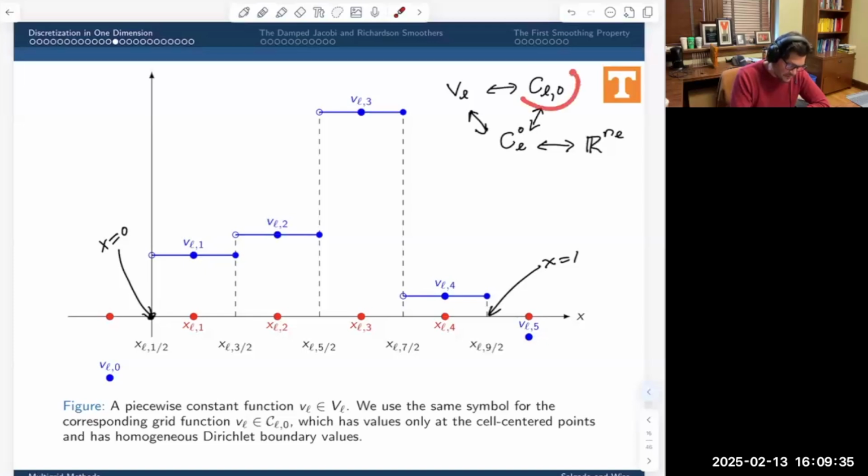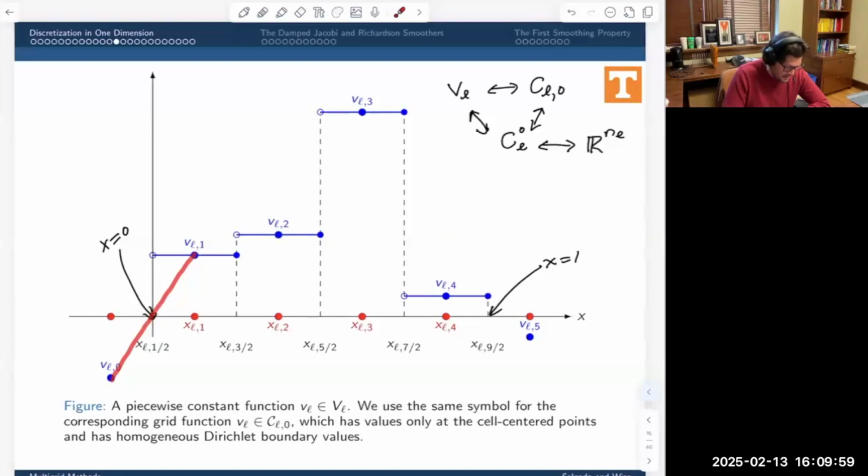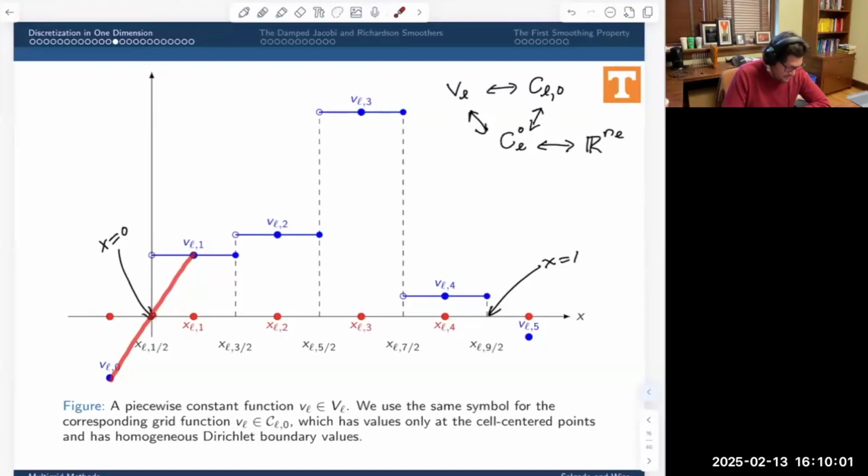That's what a function from that space looks like. It has interior values, but it also has values of these ghost cells. And the values of the ghost cells are chosen exactly so that the average of these 2 points, if I were to take the average to be defined at this point, is exactly 0. So if I think about that as being a line, a linear function connecting them, then clearly the average of those 2 values is 0 at that point.